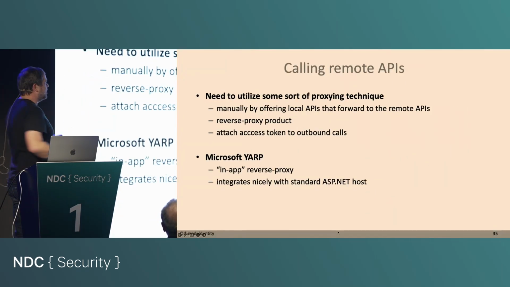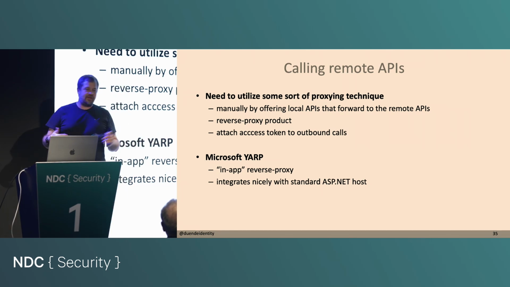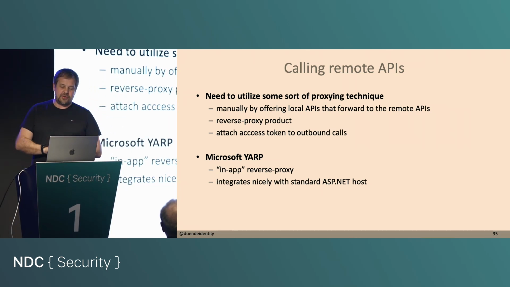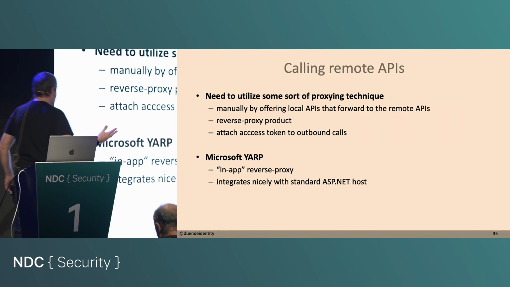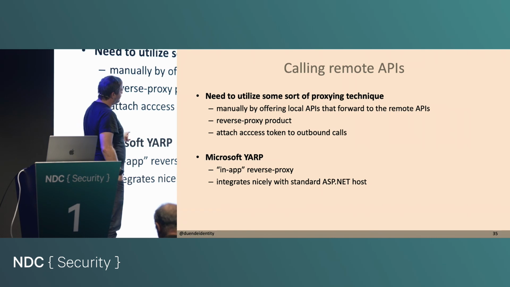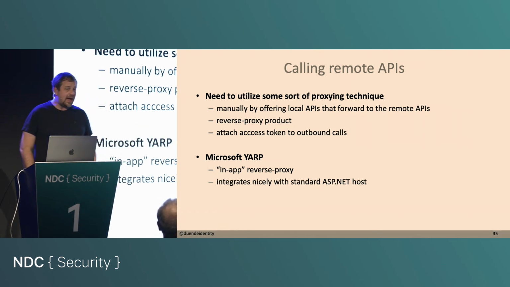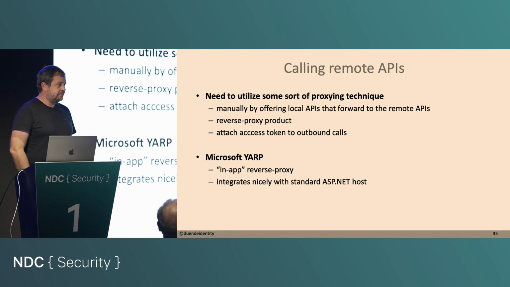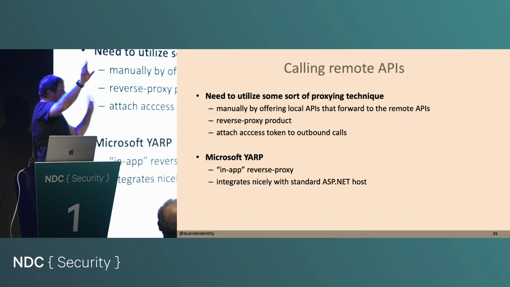Yeah, okay, so local APIs are easy. What if you don't want to do that? What if you want to keep your BFF as generic as possible and don't want to do business logic in there? Or you want to call APIs which are shared by other clients, for example, right? And ultimately the answer is reverse proxy. So you somehow need to proxy them from the BFF to the ultimate location.